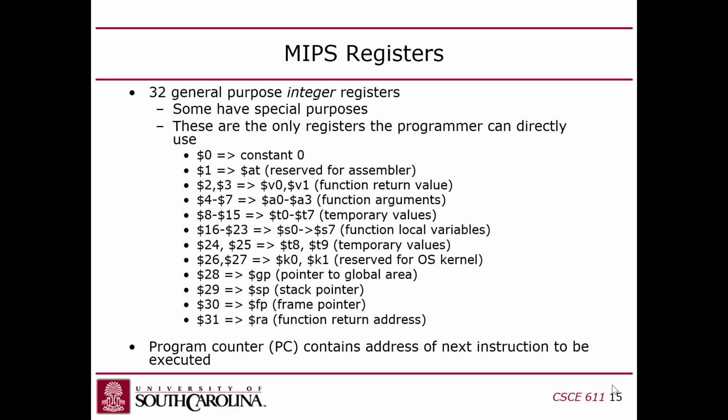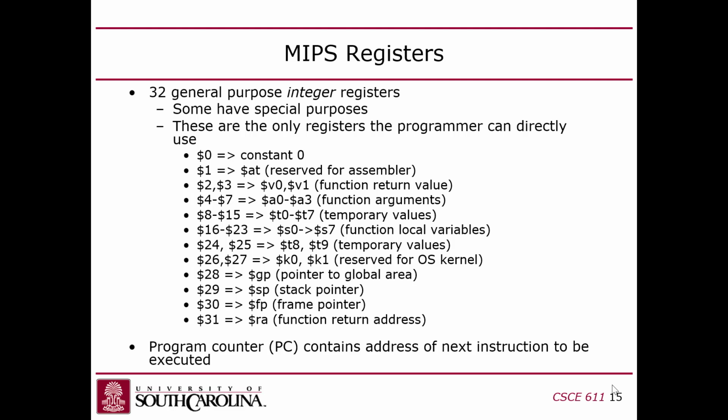But we're not going to be doing anything that sophisticated software-wise in this class. Local variables S0 through S7 are supposed to be saved across function calls. A couple more temporary values, T8 and T9, so there's 10 temporaries.